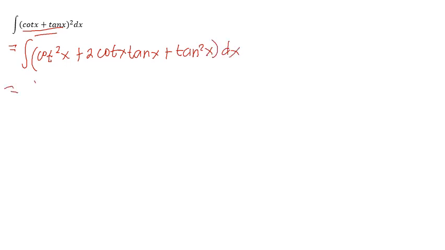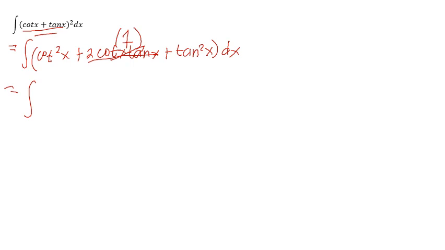This middle term is just equal to 1, right? Because cot x is cosine x all over sine x, and tan x is sine x all over cos x, so we could cancel out each term. So this is simply equal to 1. We will rewrite our equation.